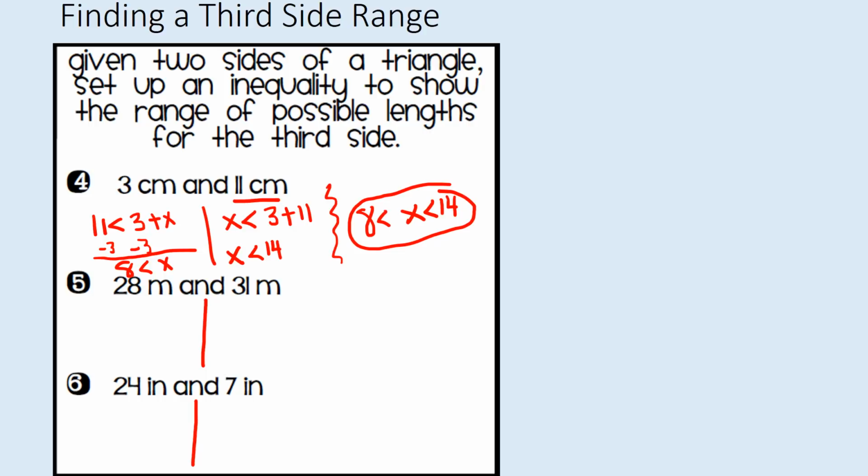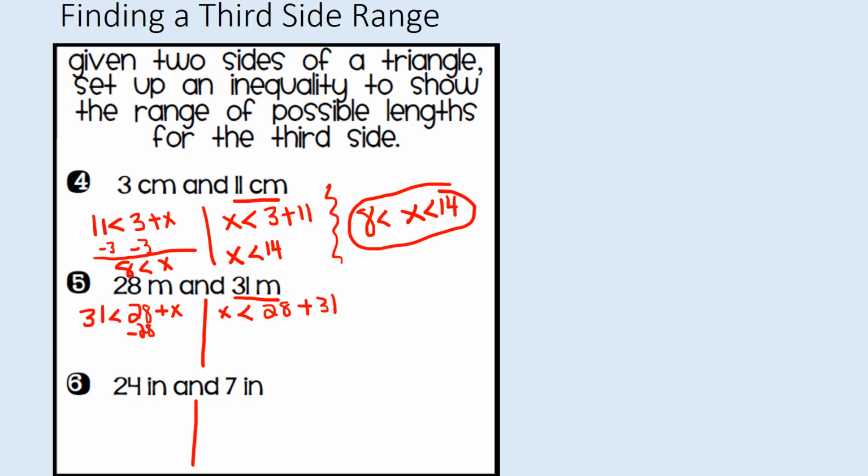So in this example, our largest side could be 31, or our largest side could be x. So we're saying 31 is less than 28, because that was my other side length, plus x. That's my one inequality. And then my other inequality is that x is less than the two smaller sides, which would be 28 plus 31.